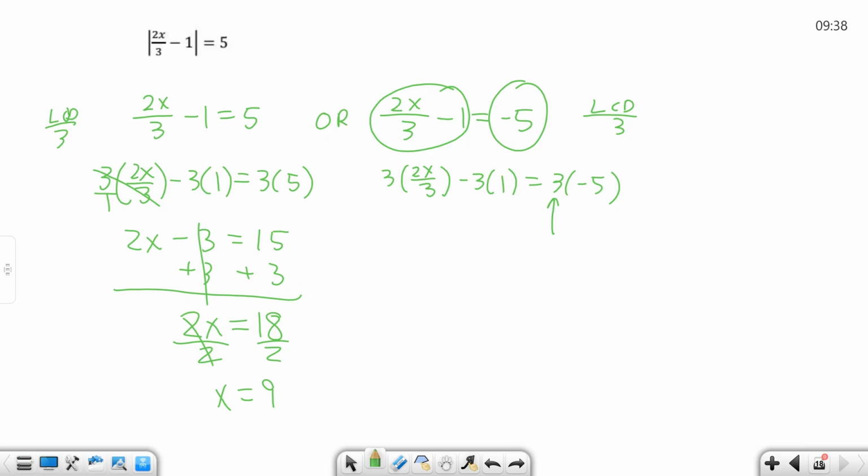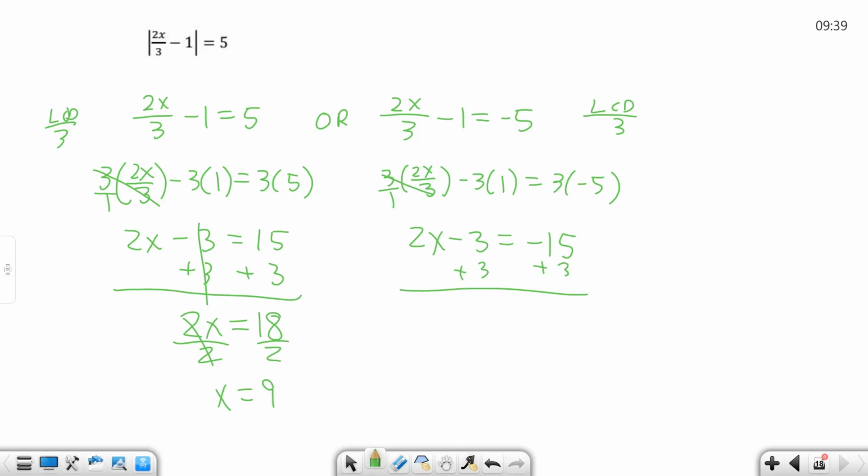All right. So then 3 times everything. This 3 is over 1. Those divide out. 2x minus 3 equals negative 15. Same step, different result, because of the negative 5 there, right? So then we're going to add 3. 2x equals negative 12.